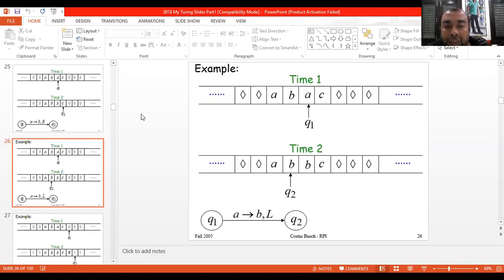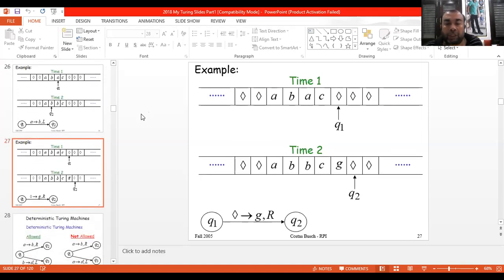That has been written here. The third symbol A, in A, B, A, has been overwritten by small b, and you move one cell left according to the transition. So now the read pointer is pointing toward the second cell, where small b has been written.